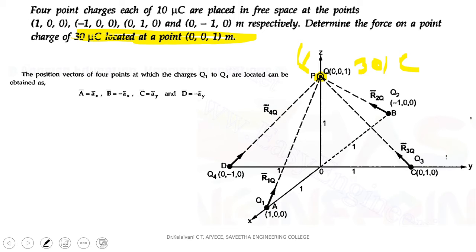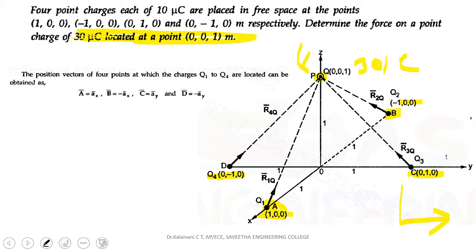Due to four charges placed at (1, 0, 0), which lies on the x-axis. Here I have drawn the x-axis, and this is the first charge, which we take as point A. The second charge is at (-1, 0, 0), so it lies on the negative part of the x-axis. The next charge is at (0, 1, 0) on the positive y-axis, and the next one, (0, -1, 0), is on the negative y-axis.